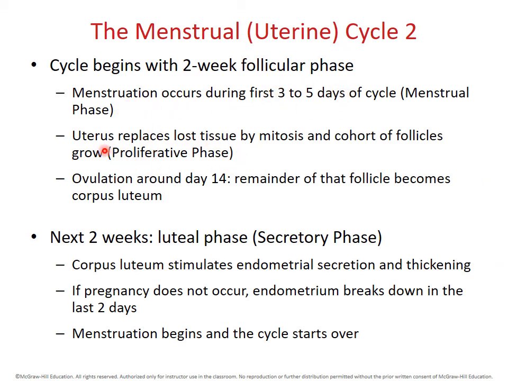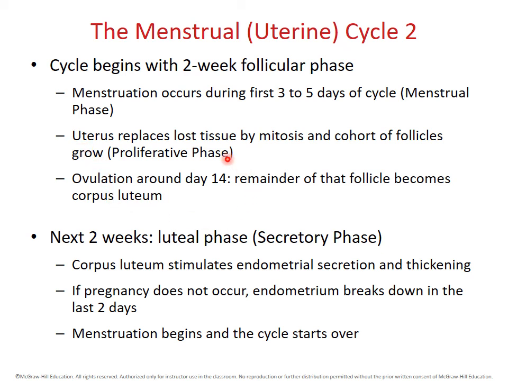That's then followed by the proliferative phase. And the proliferative phase lasts up to about day 14. So let's call it 5 days for the menstrual phase and then another 9 days for the proliferative phase. During the proliferative phase, the uterus is replacing that lost endometrium and building up a new functional layer of endometrium.